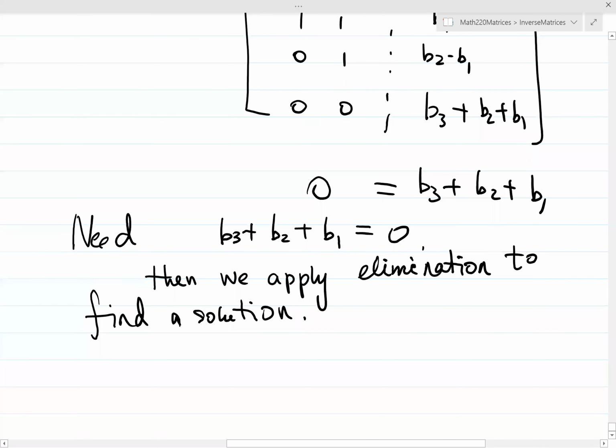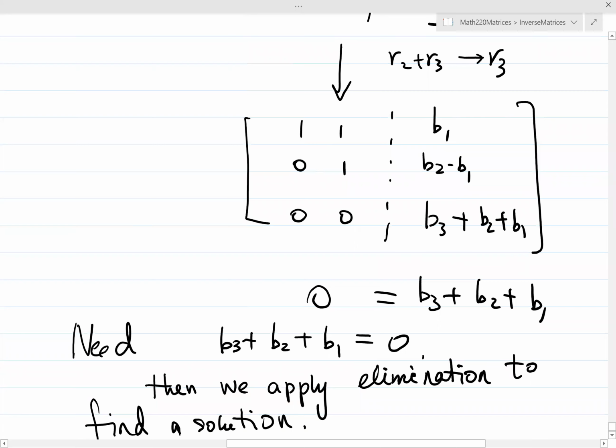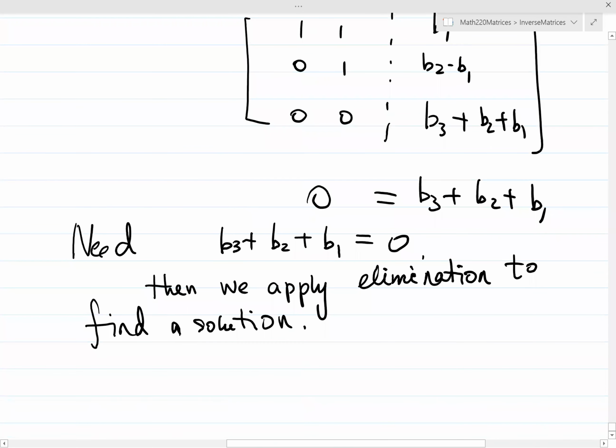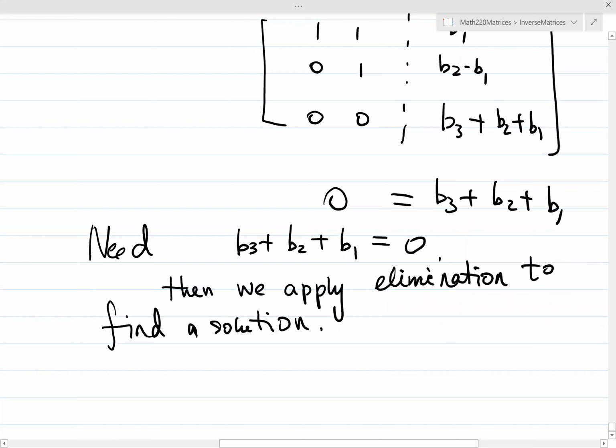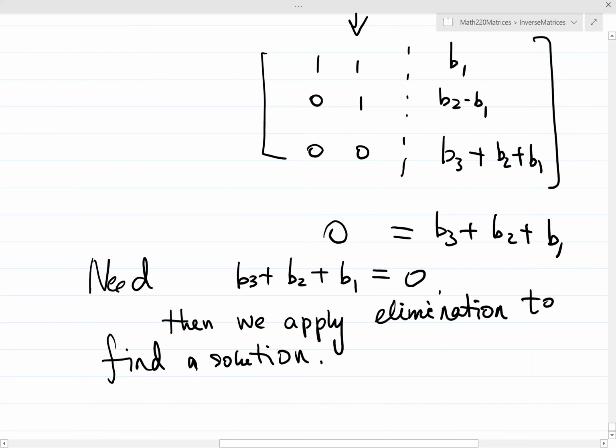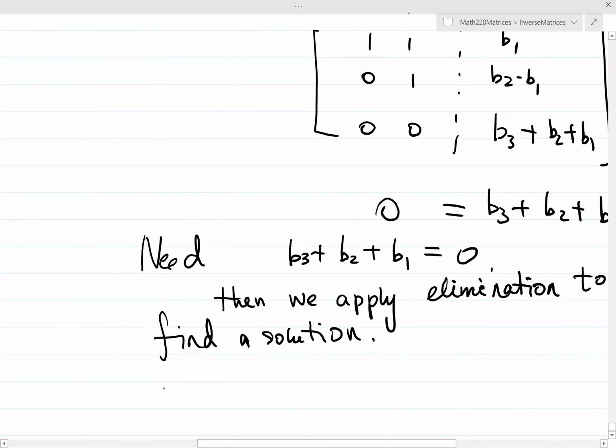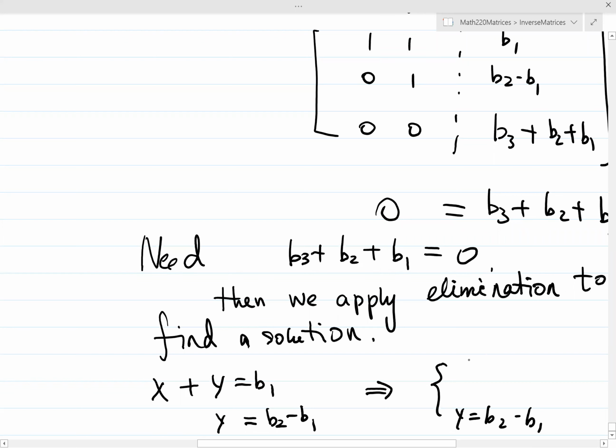Now in this case, you can find a general solution. The remaining will be x plus y is b1, y is b2 minus b1. So we get a special solution. Y is b2 minus b1. X is b1 minus that. So x equals 2b1 minus b2.